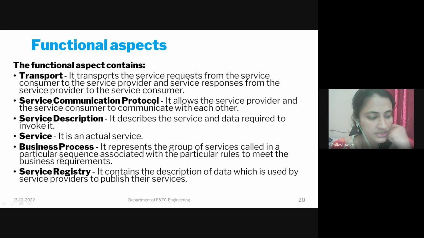Then what processes they are following? It represents the group of services called in a particular sequence, associated with particular rules to meet the business requirement. So some rules or a defined process should be there, on how it moves from the service provider to the service consumer.